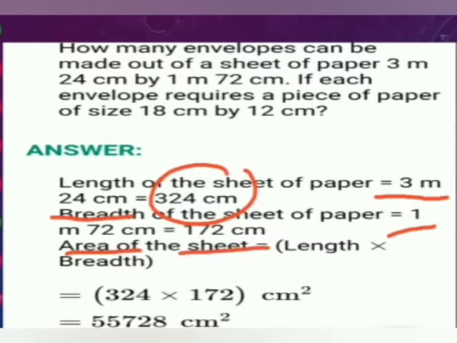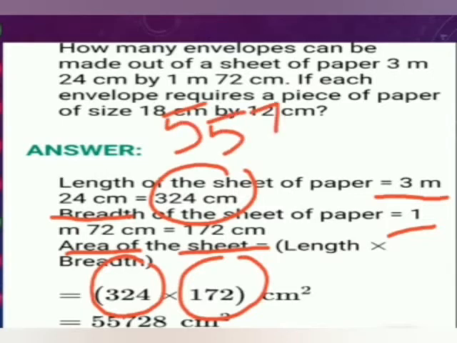Now we'll calculate the area of the bigger sheet from which the envelopes are made. As you know, area of a rectangle is equal to length multiplied by the breadth. So 324 you will multiply by 172, and it will give you the area equal to 55728 centimeter square. So we have calculated the area of the bigger sheet.